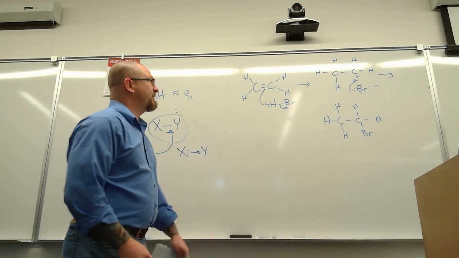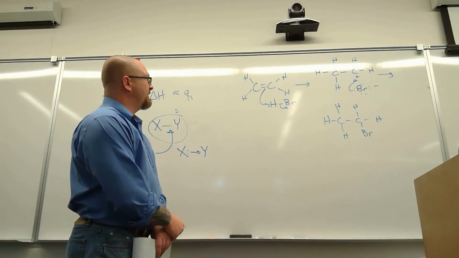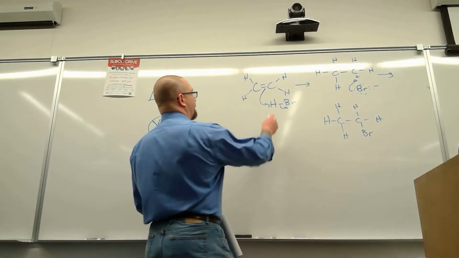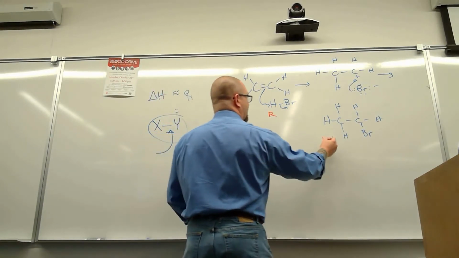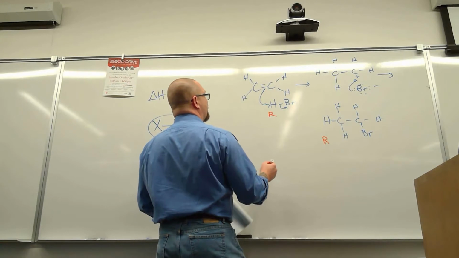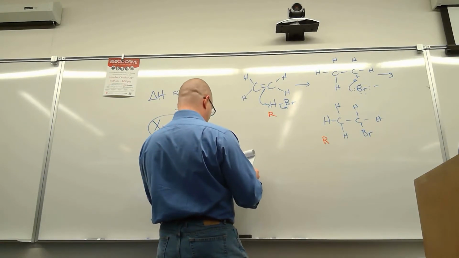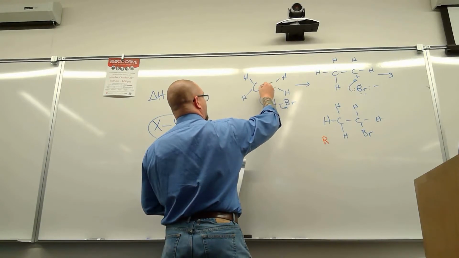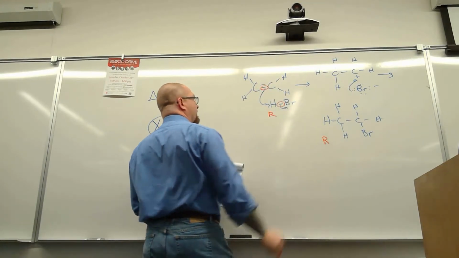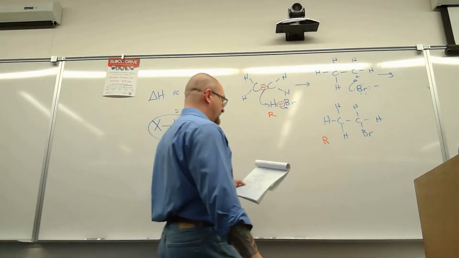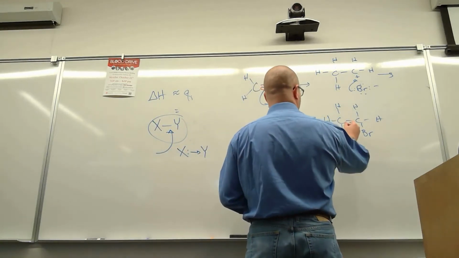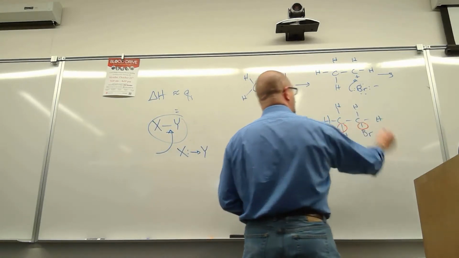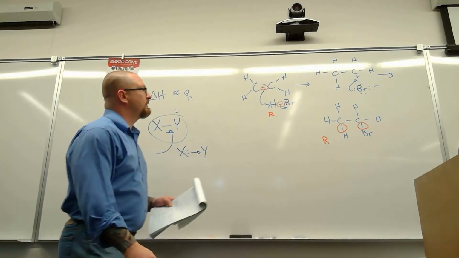If we were to assess this particular reaction, to go from this reactant to this product, we need to break this bond and this bond, and we need to form this bond and this bond.